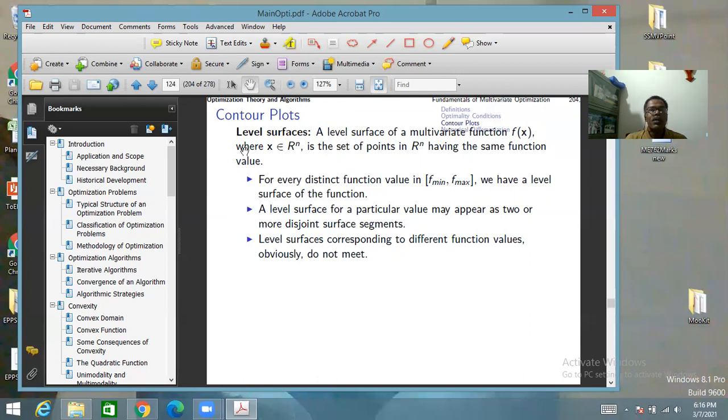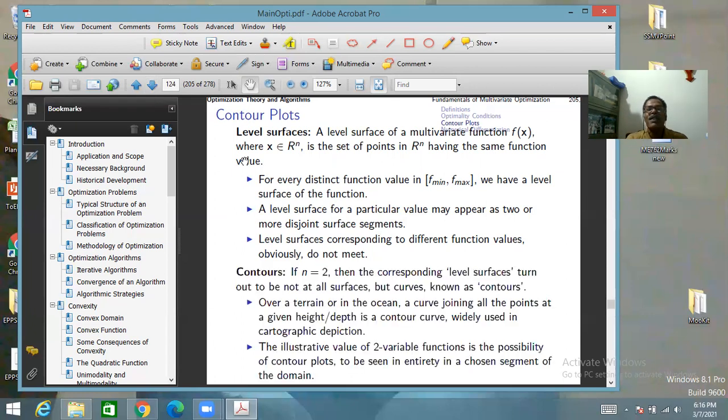Okay, now in 2D, if you insist on the function value f(x) equal to some given value, then you do not have two variables free, because that is an equation in two variables. So basically, in place of level surfaces, then you will have level curves, which are called contours.